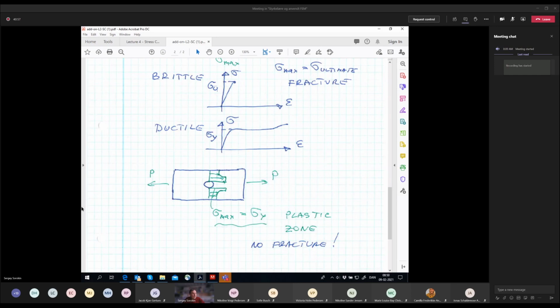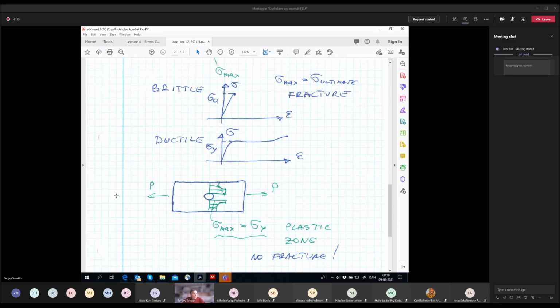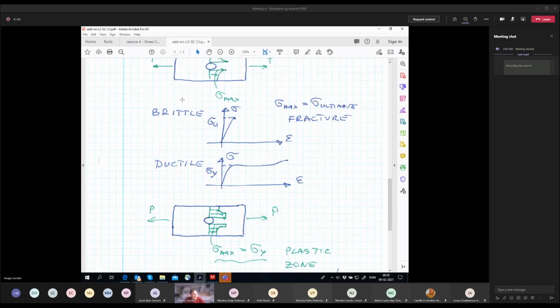Now, if we have attained what is called fiber yield, it just means that our maximum stress attained this yield stress at this point. Here we have plastic deformation, but anywhere outside this point, we have elastic deformation. And then we continue to increase the force.